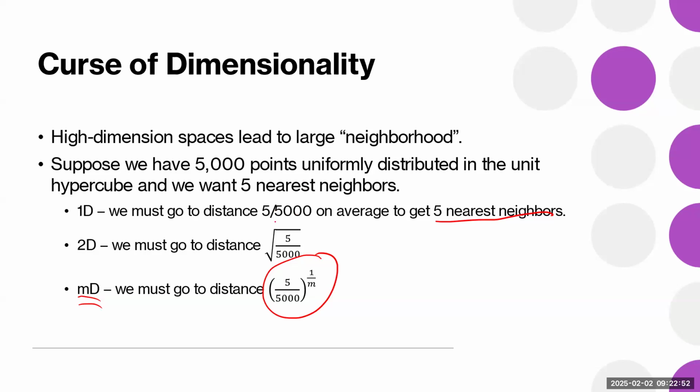What does this mean? This number is less than one, so when you take the root, it's going to be more than the original. So the distance to the nearest point will increase as you introduce more dimensions.